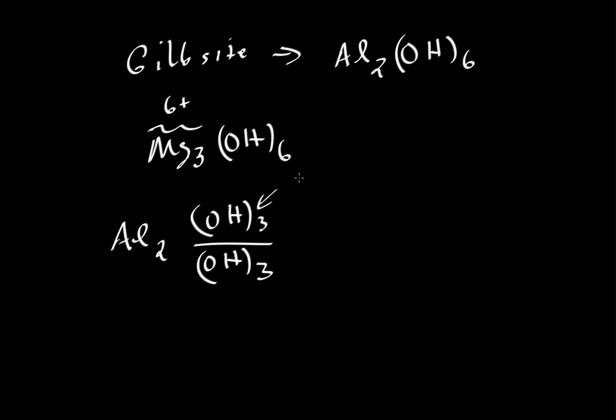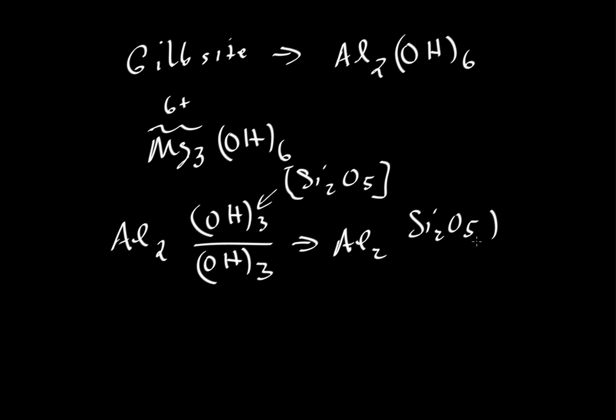But we could take out 2 of those hydroxyls and put in an Si2O5 unit. And if we do that, then we would have Al2 with an Si2O5 in that top layer, leaving 1 hydroxyl left, and then we would still have 3 hydroxyls on the bottom.